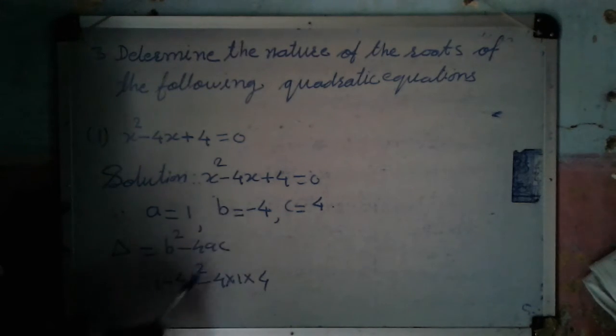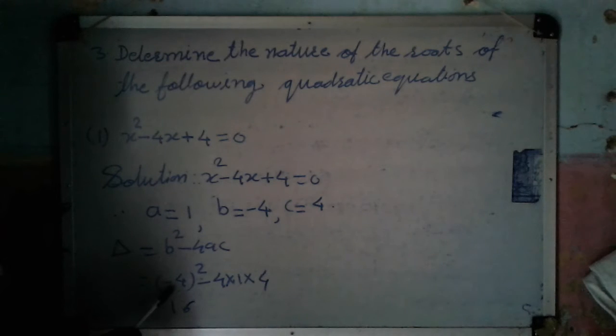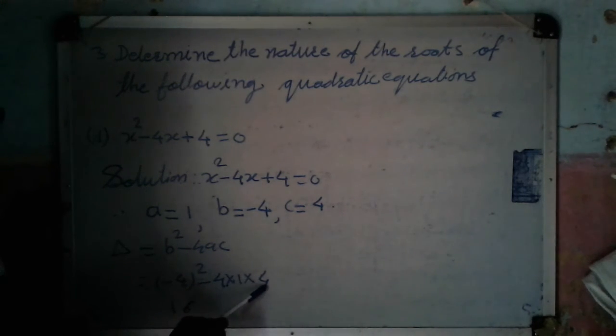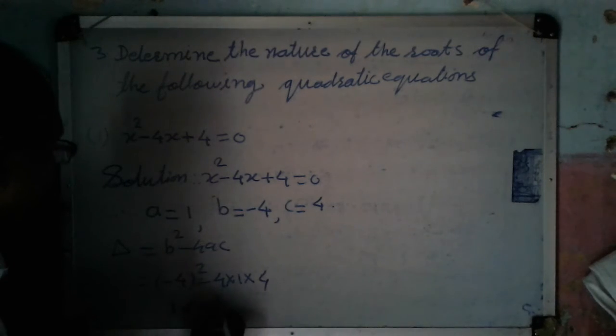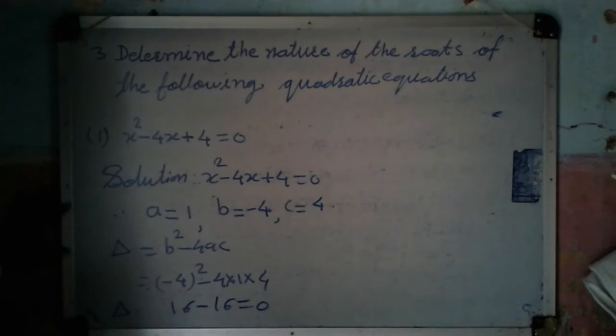The value of b is minus 4, that means minus 4 square, minus from the formula 4 as it is, multiplied by the value of a which is 1, multiplied by the value of c which is 4. So here we get 16. Square of minus 4 is 16. Minus 4 into 1 into plus 4 we get minus 16. That is equal to 0. That means here delta is equal to 0.